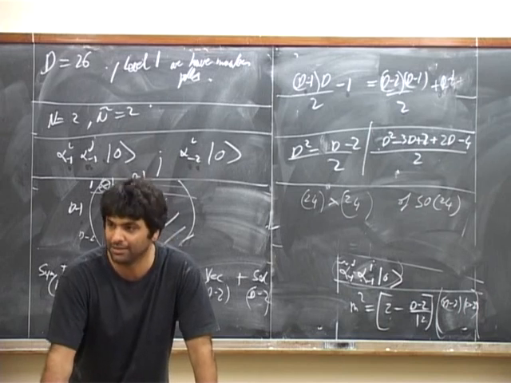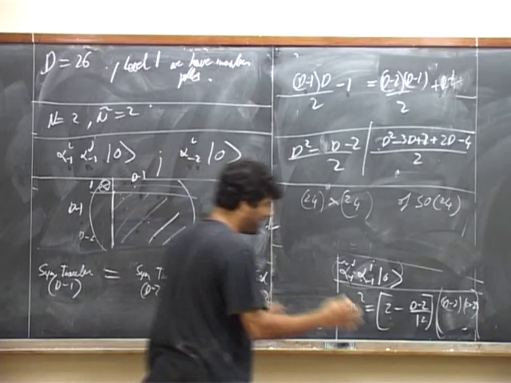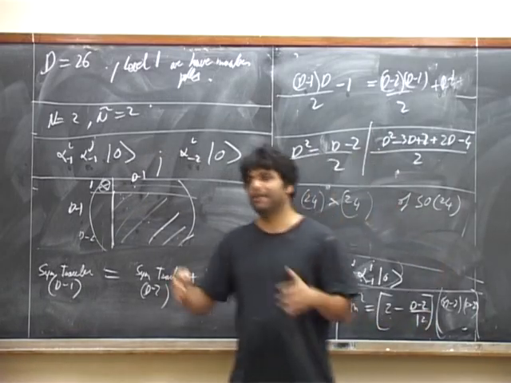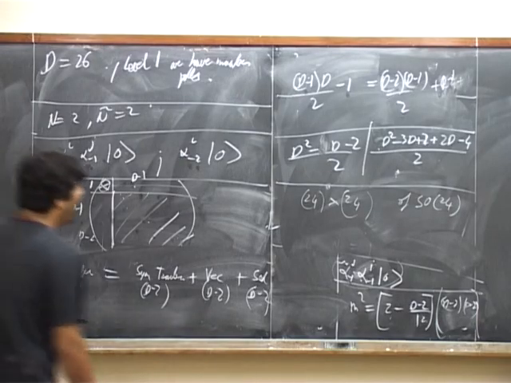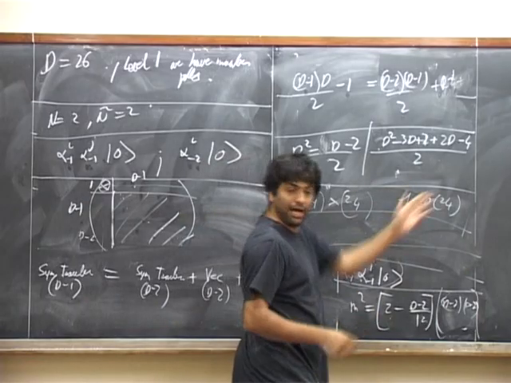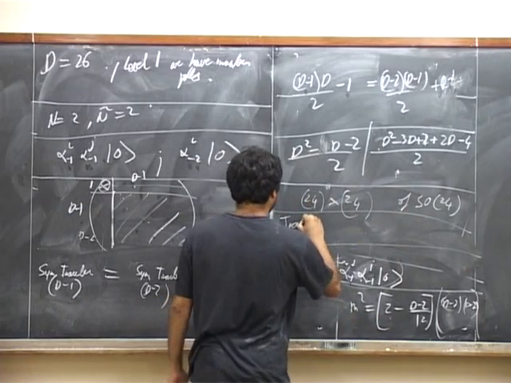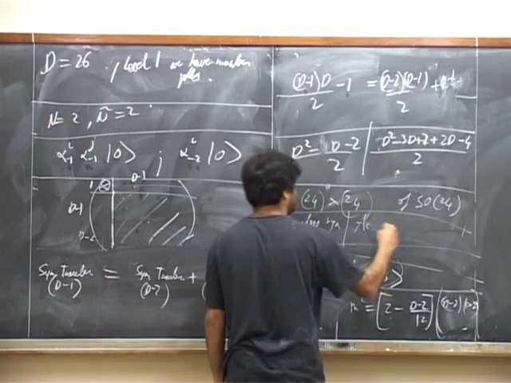Very good. Symmetric tensor, traceless symmetric tensor, antisymmetric tensor, and the trace. Okay, so what we get here under SO(24) is a traceless symmetric tensor, an antisymmetric tensor, and a trace.